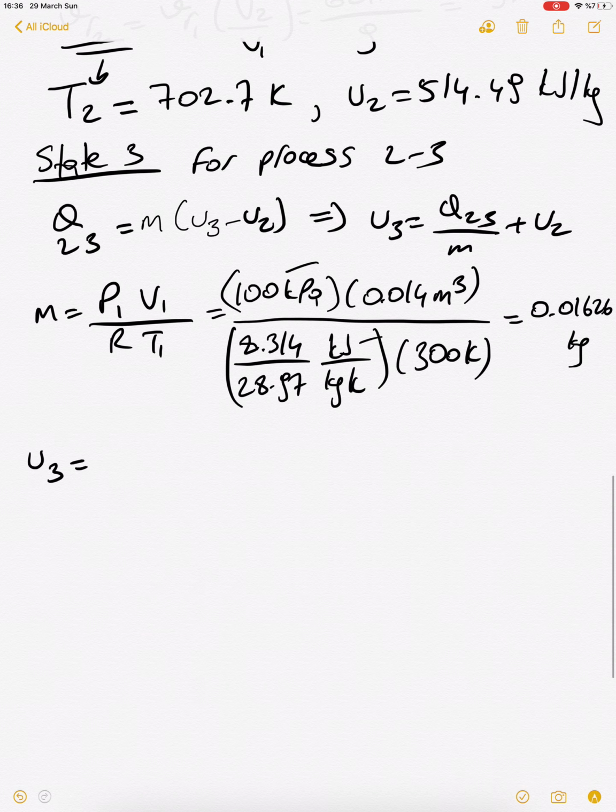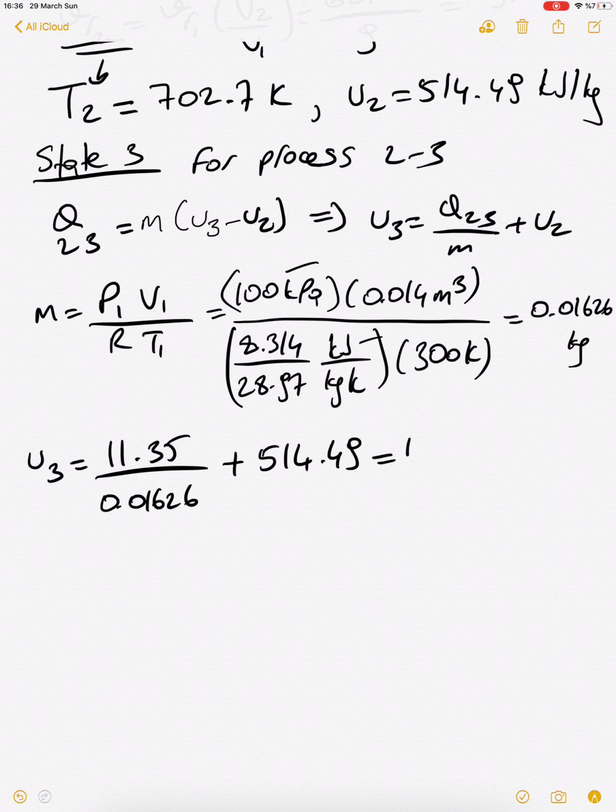0.01626 kilograms, so 16 gram of air there. Therefore U3 is going to be Q23, 11.35, divided by mass 0.01626, plus U2, which is going to be 514.49 kilojoule per kilogram, U3.